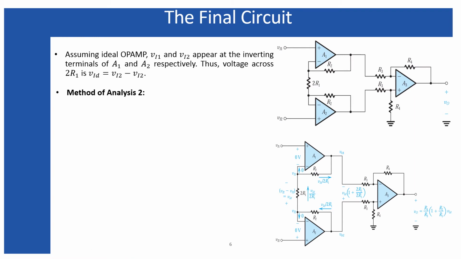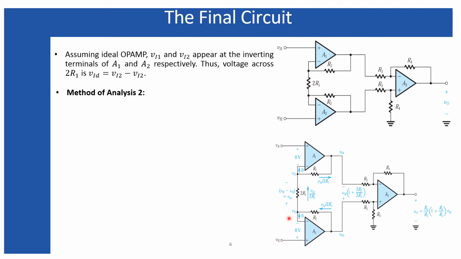This circuit can also be analyzed in a different way by knowing that Vi1 is applied at the non-inverting terminal of this operational amplifier A1, and due to the infinite open loop voltage gain of this operational amplifier A2, this Vi2 is available at this terminal.